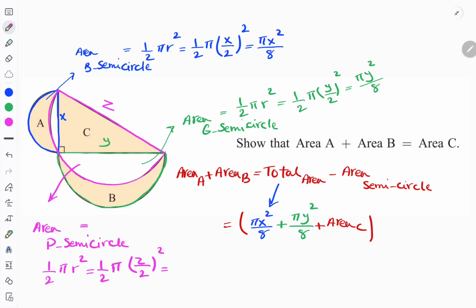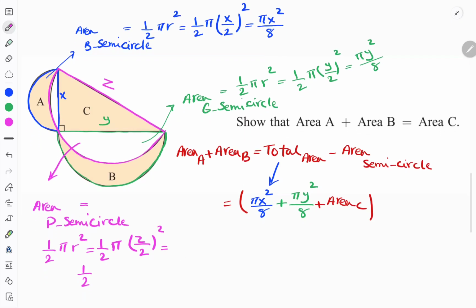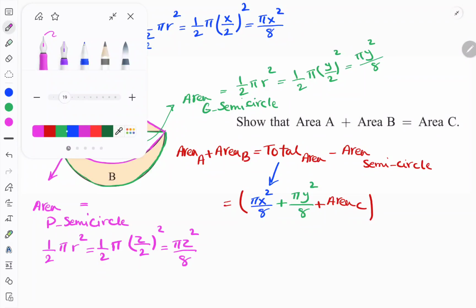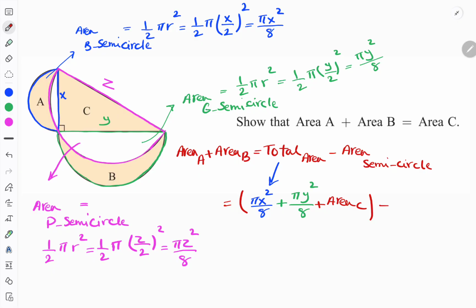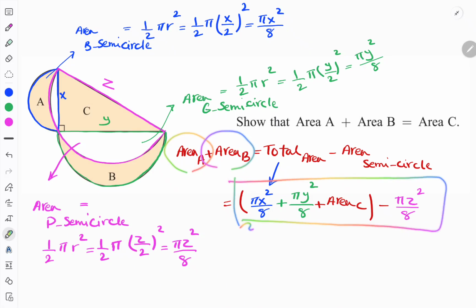And by simplifying this, we will have half of P Z squared over 8. So minus, for area of semicircle, pink, in fact semicircle, we will have P, let me use the same color, P Z squared over 8. So area A plus area B equals this expression.